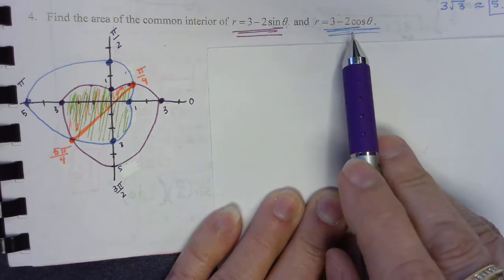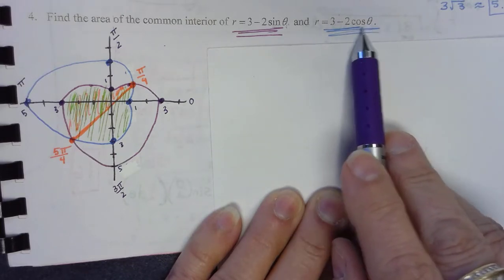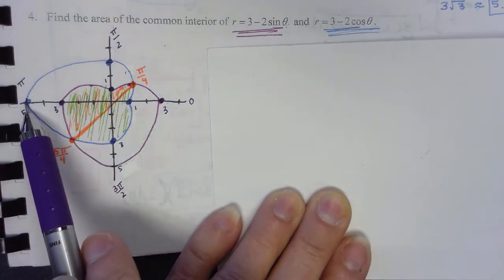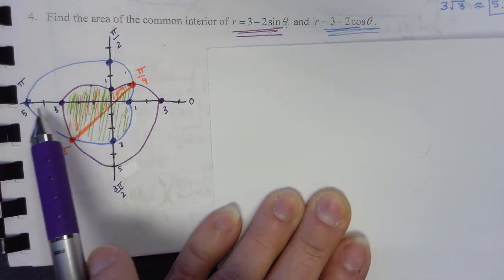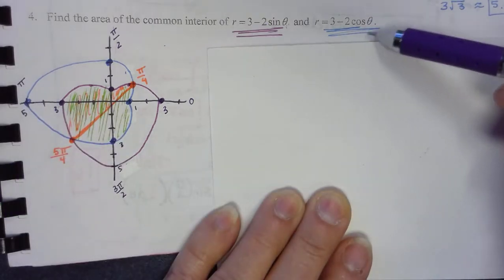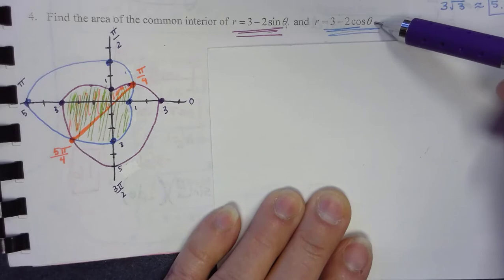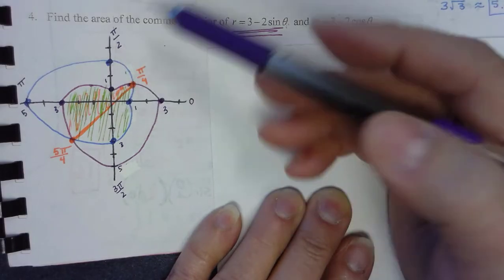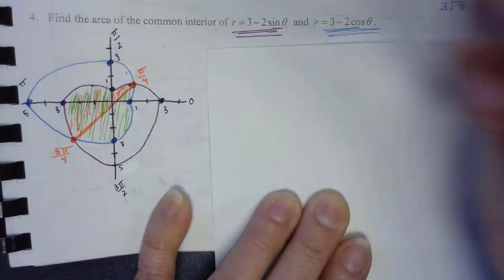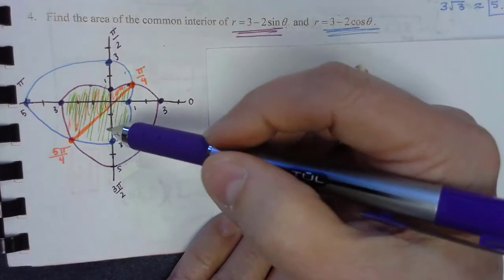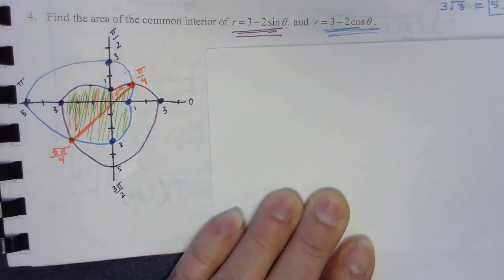Cosine of pi is negative 1, so 3 minus a negative 2 takes me to the 5 on the pi radial arm. At pi over 2, cosine of pi over 2 is 0. So this will take me up to 3 on the pi over 2 radial arm. And at 3 pi over 2, cosine is 0. This will take me down to 3 on the 3 pi over 2 radial arm.